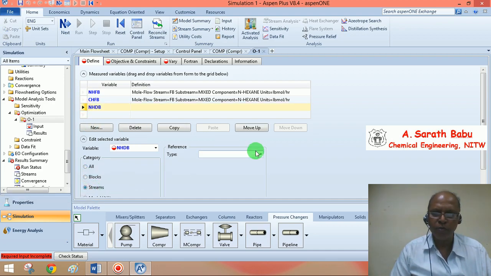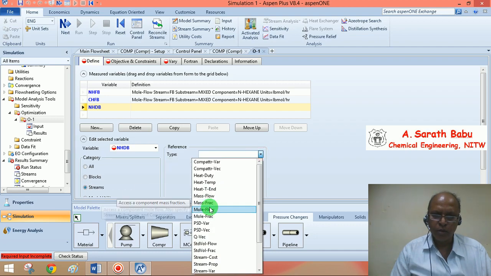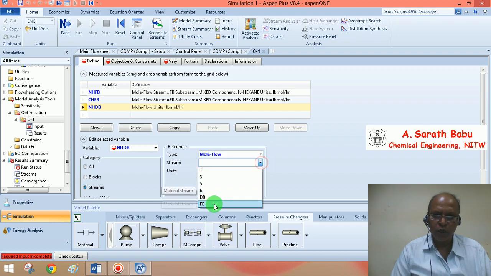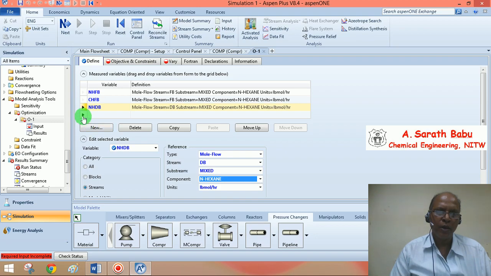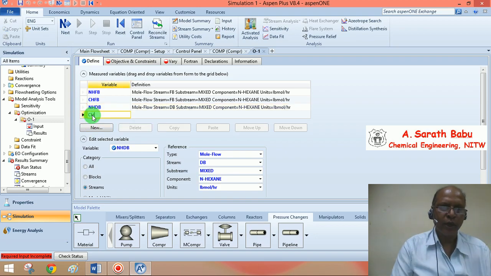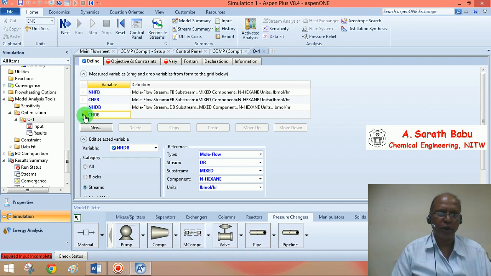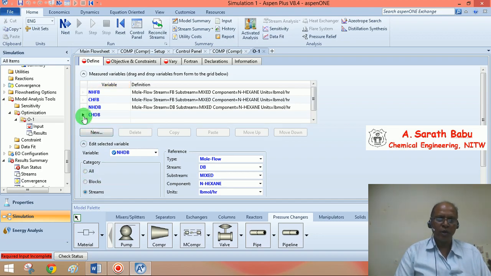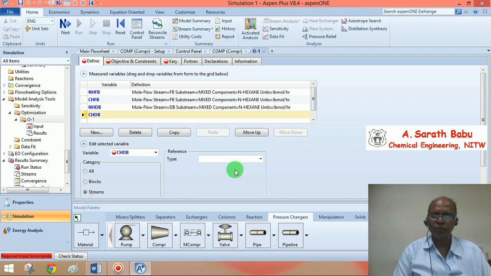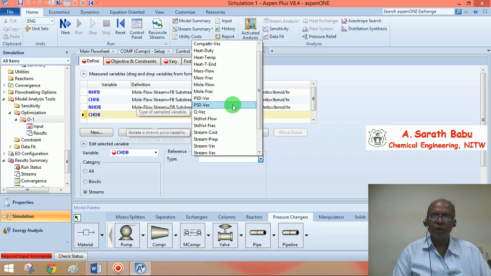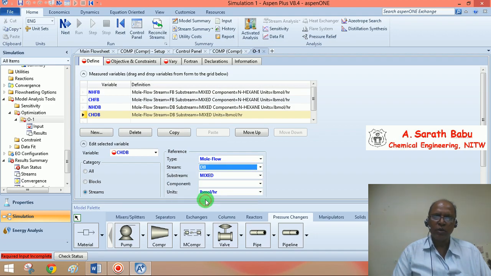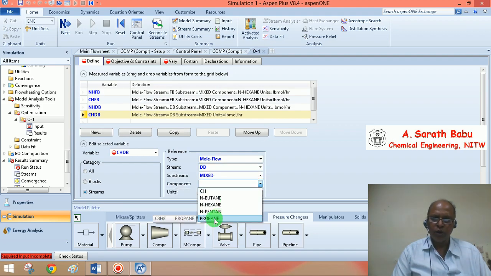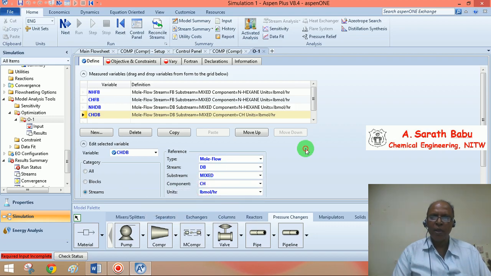Again, it's a stream variable. Mole flow. Now the product stream is distillation bottom, N-hexane. Similarly, CHDB, cyclohexane in the distillation bottom product. It's again a stream variable. Mole flow. Distillation bottom. Component is cyclohexane.